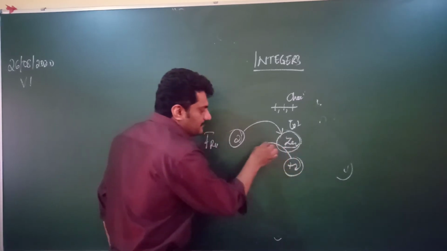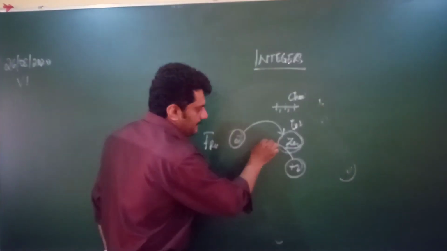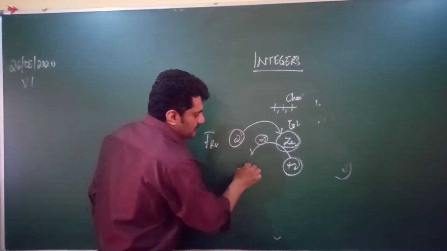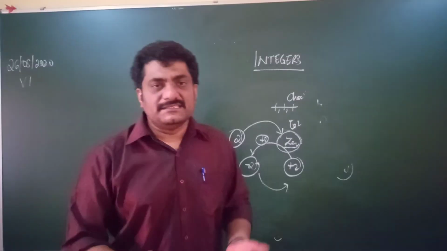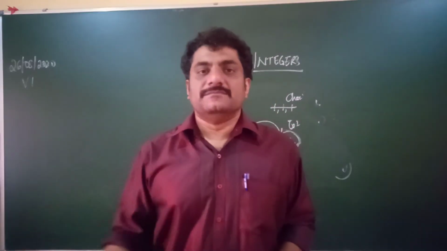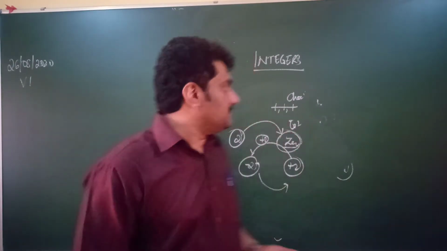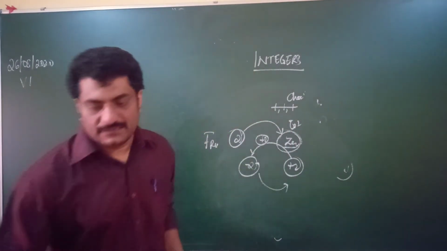If you have to return these 2 chocolates, this becomes negative 2 with you. So that means you have a balance which you have to return. Such numbers are called negative numbers.